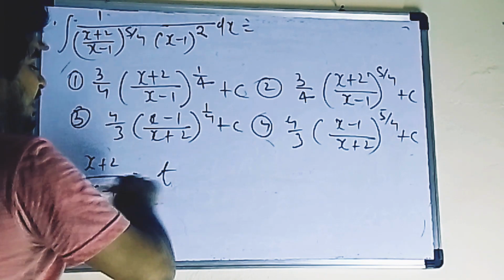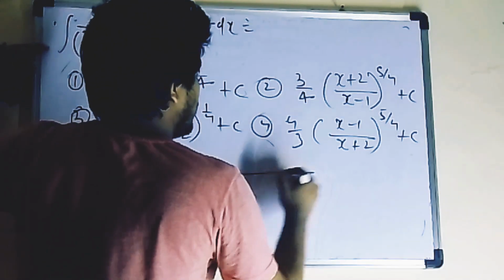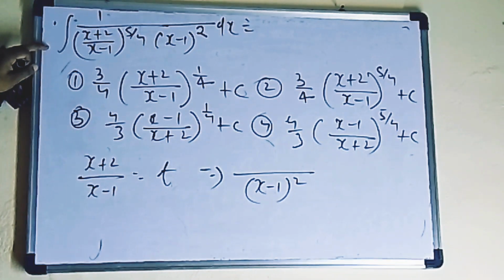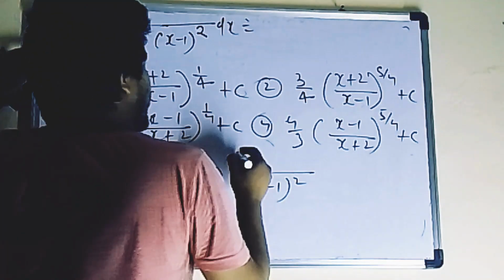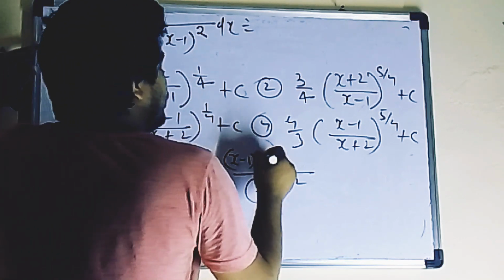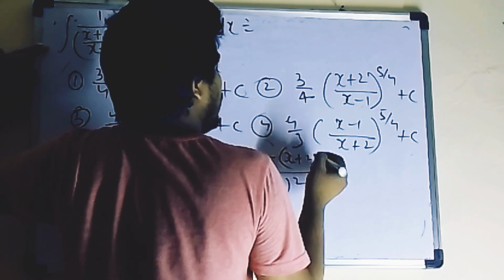So if I want dt, what will dt be? Dt will be, over (x minus 1) whole square, (x minus 1) into 1, minus (x plus 2) into 1.